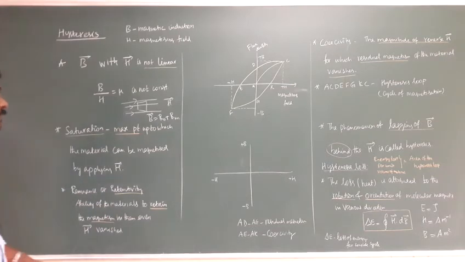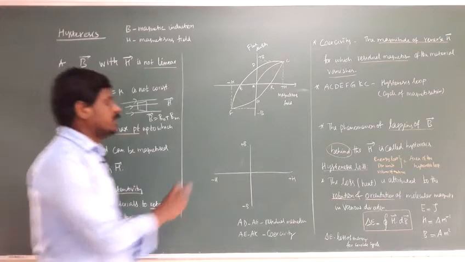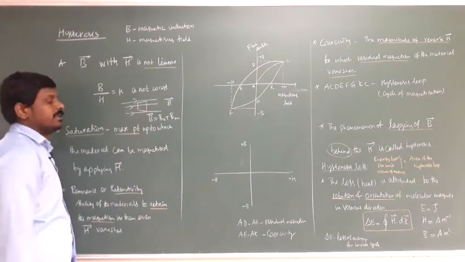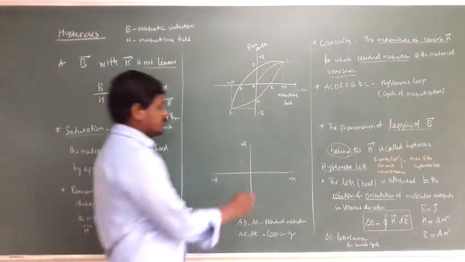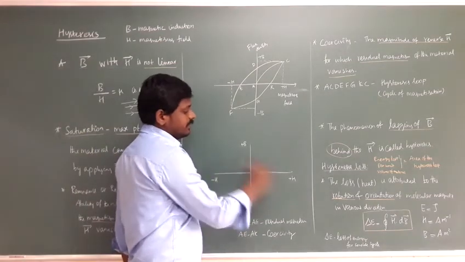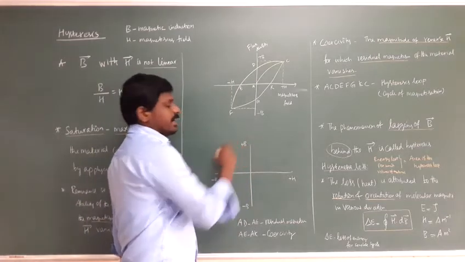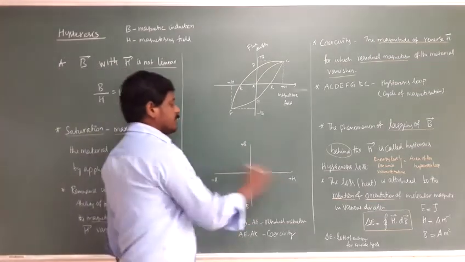First, there is a material, and we are applying the magnetizing field. We start from the graph. The magnetizing field is the input and the magnetic induction is the output, on the x and y axes.